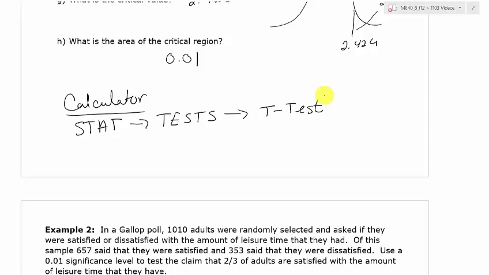And so you'd want to enter in 0 for your mean, and it has a little 0 there. That's because it's stating that it's from the hypothesis. And then enter in a value for x bar, your mean, from the sample. So that was 3. And then you want to enter in the standard deviation. So that was 4.9.